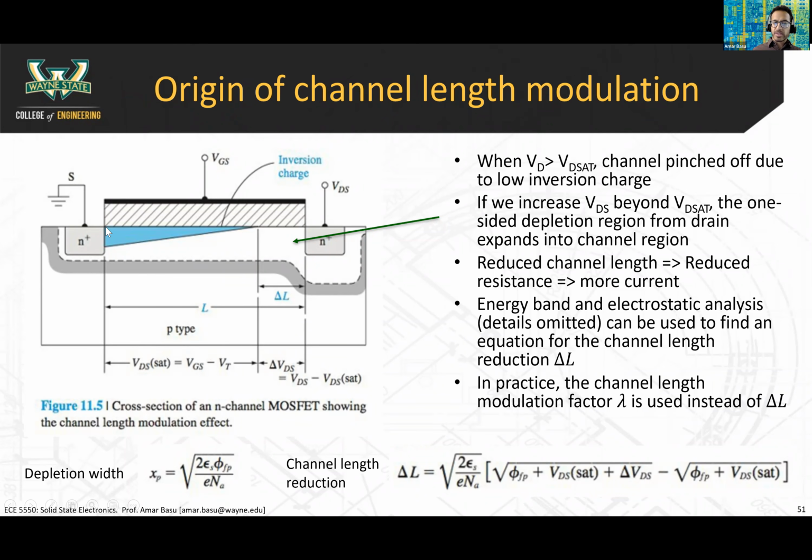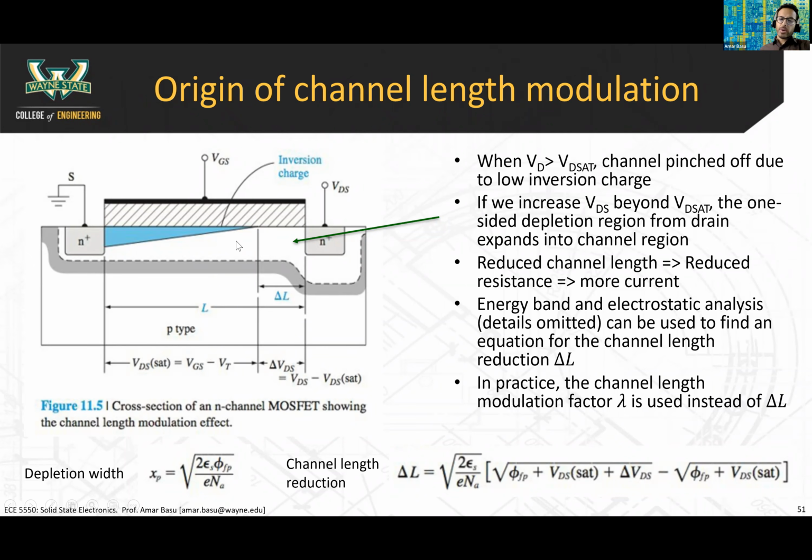The reason was because the voltage in the channel is increasing as you go from source to drain. When the voltage in the channel increases, there's less charge difference between the top side of this capacitor and the bottom side, so you end up getting less inversion charge.